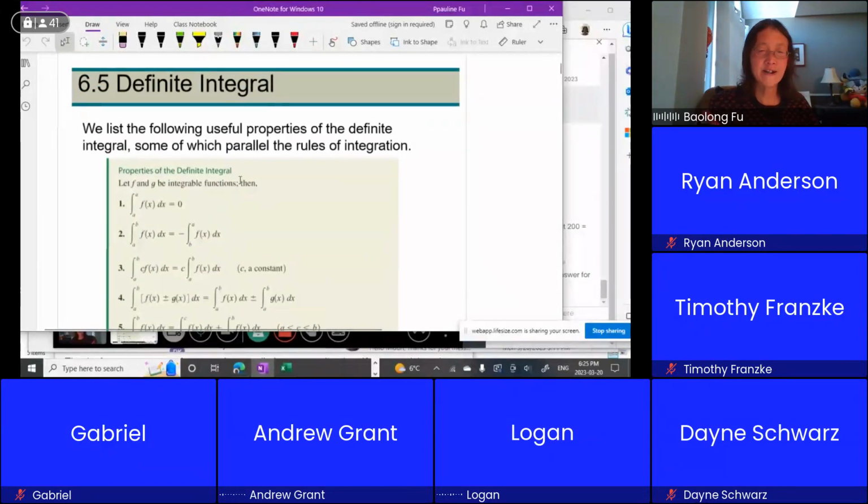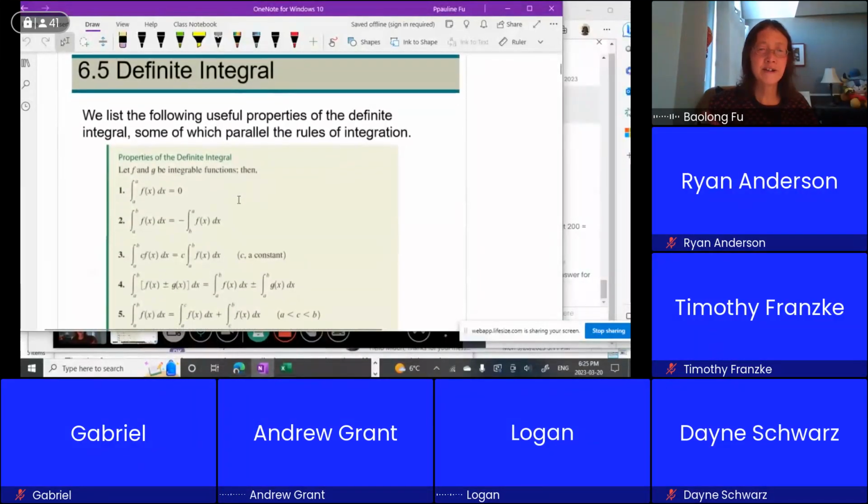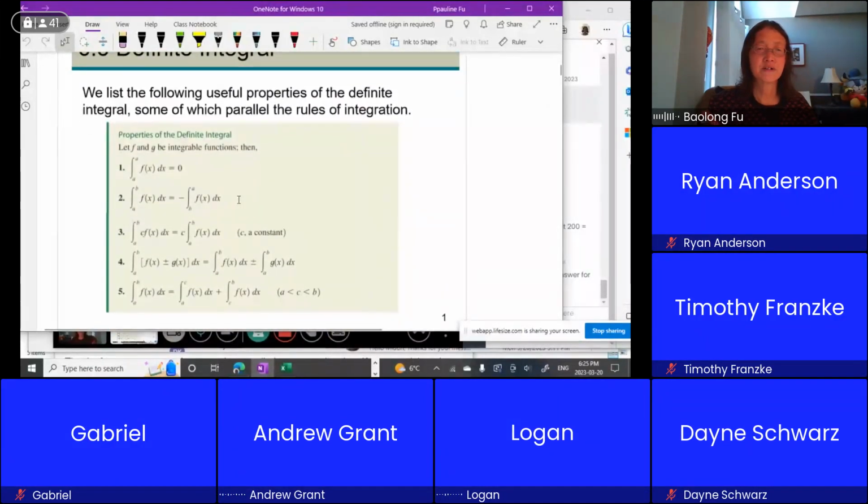We start this session by listing some properties of definite integrals. I pause for a moment to let you read over those five.